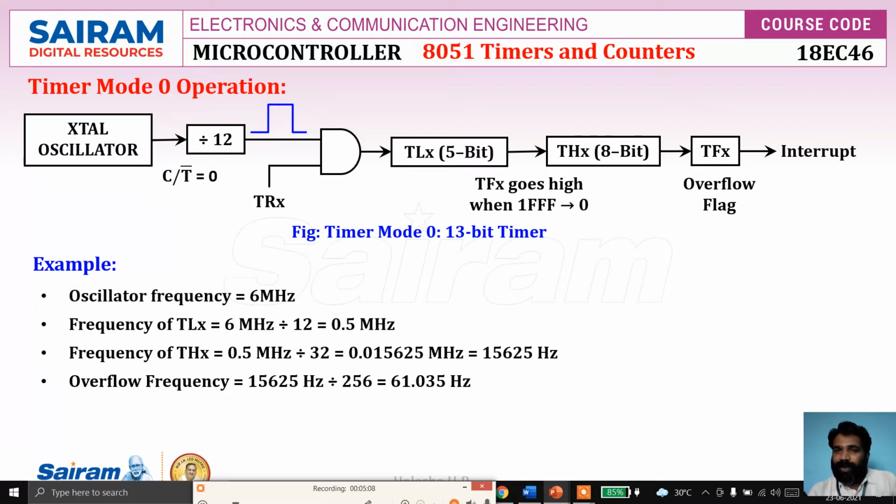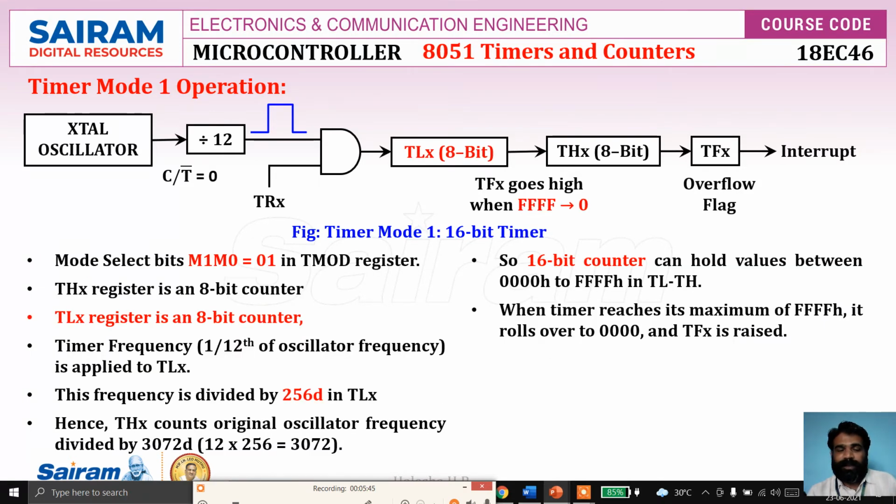Overflow occurs when THX reaches the maximum count of 256, so this frequency is divided by 256, which becomes 61.035 Hz. So its overflow time is 16.4 milliseconds. For every 16.4 milliseconds it overflows. If the initial value is 00, the timer overflows after 16.4 milliseconds.